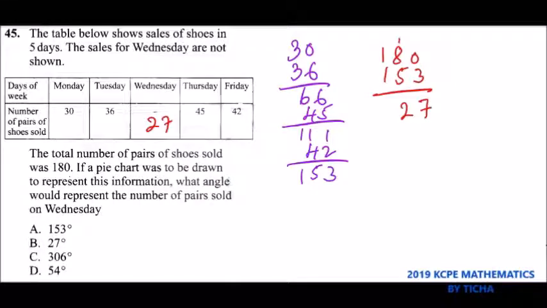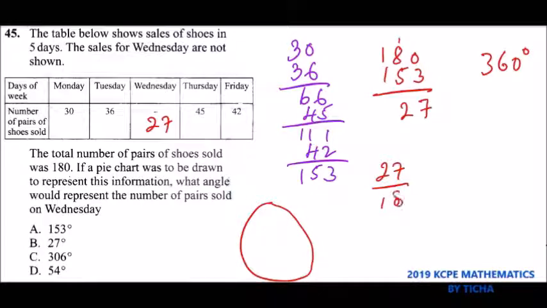So in terms of the angle representation, a pie chart normally represents an angle of 360 degrees. So we say it is 27 divided by the number of shoes sold, that is 180, and you multiply by 360 degrees.